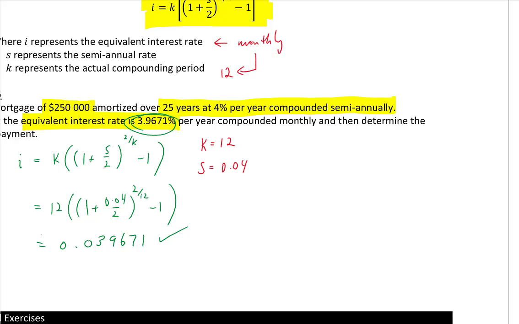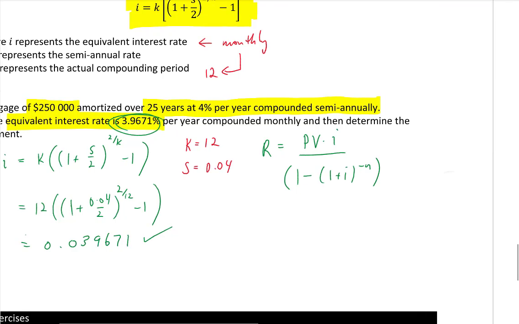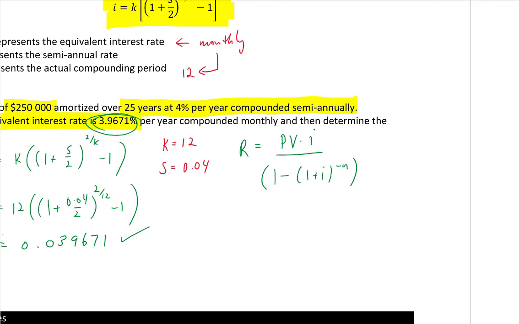Since this is a present value calculation, since we're taking a loan, we need the following formula. R equals PV times i over 1 minus 1 plus i to the negative n. And we have our values. We know the present value of this mortgage is $250,000.